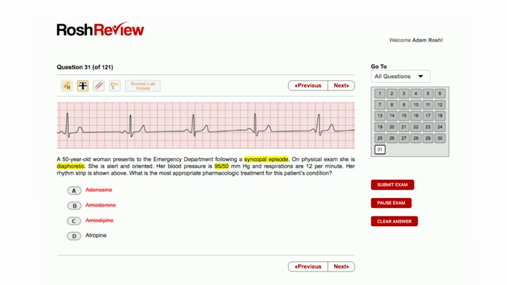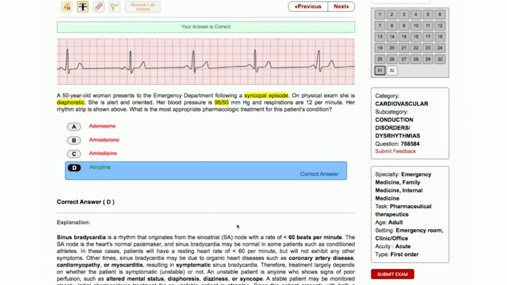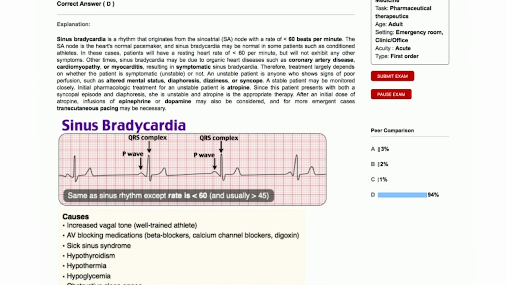So the question only wants to know what is the treatment for this rhythm, sinus bradycardia, given the 4 answer choices here. And of these 4, atropine is going to be the correct answer. So let's click D, make sure we are correct. And sure enough, atropine is the correct answer.